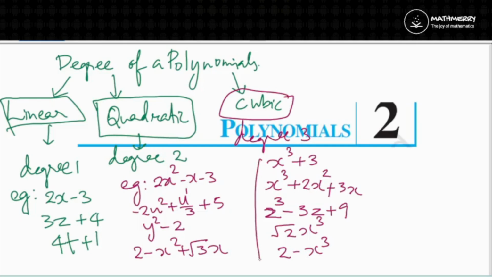These are all examples of cubic polynomials. So the definition of a cubic polynomial is a polynomial of degree 3.